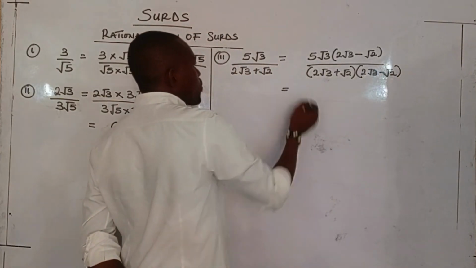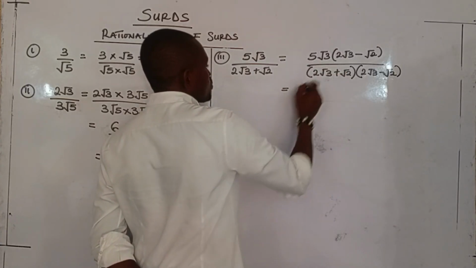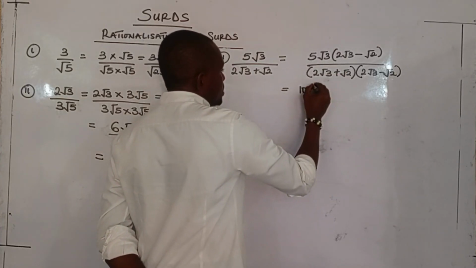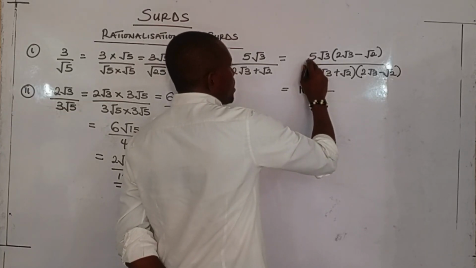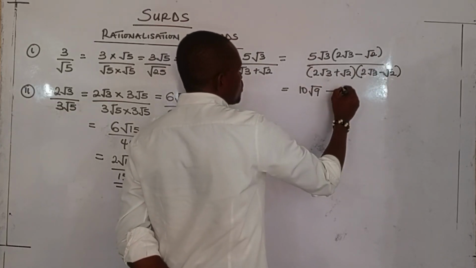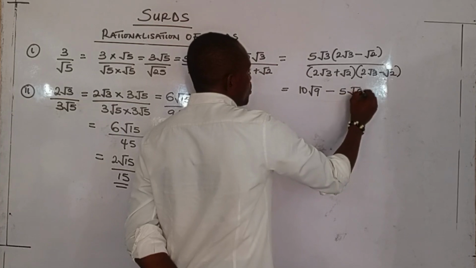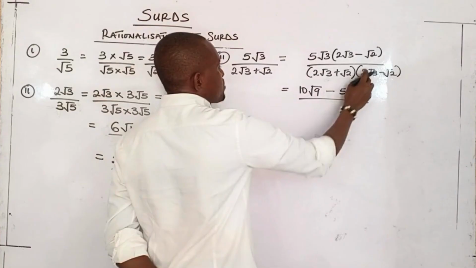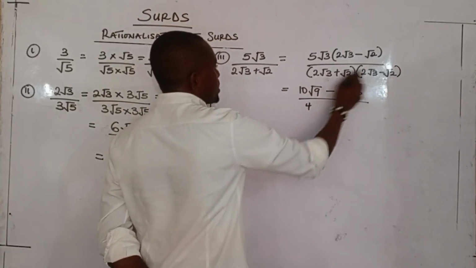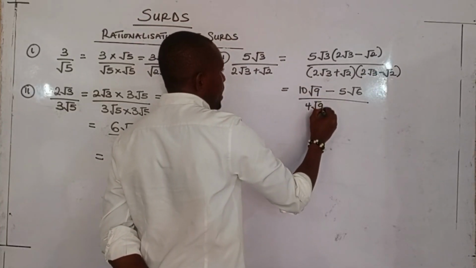By the time we open up the brackets, 5 times 2 gives us 10, then root 3 times root 3 gives us 9. Then minus 5 root of 3 times root 2 is minus 5 root of 6. Then all over, 2 times 2 gives us 4, then root 3 times root 3 gives us 9.